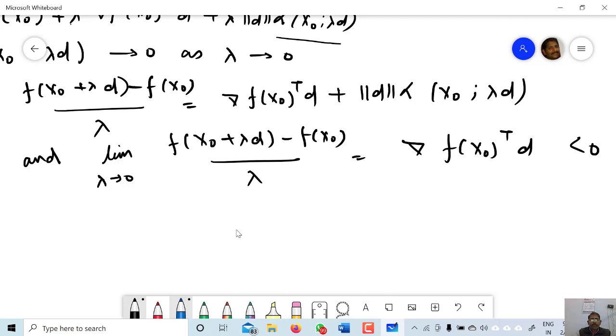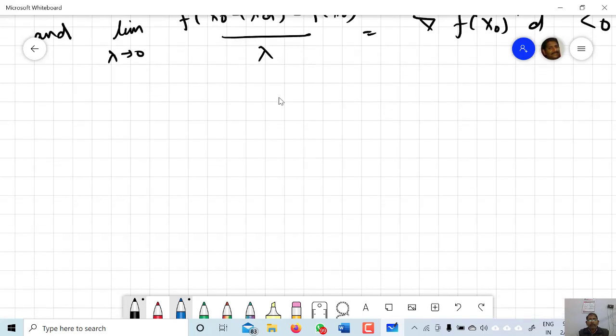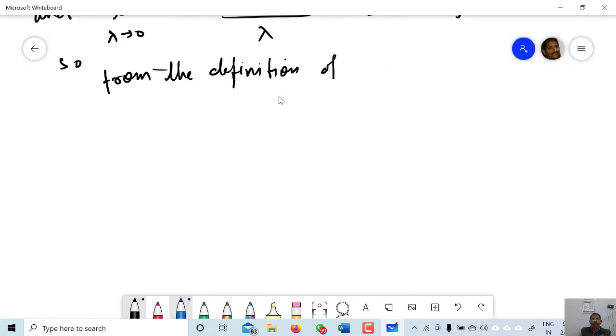So from the definition of limit, what can we say?